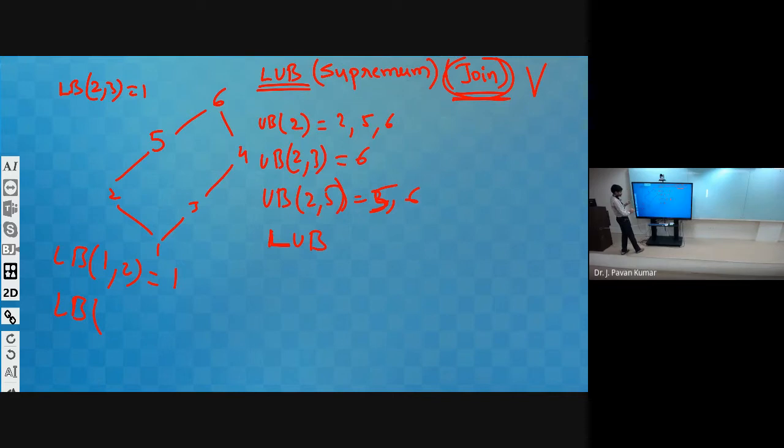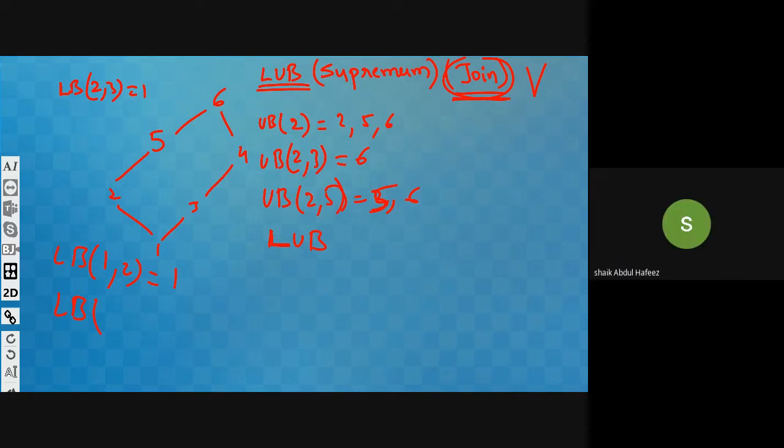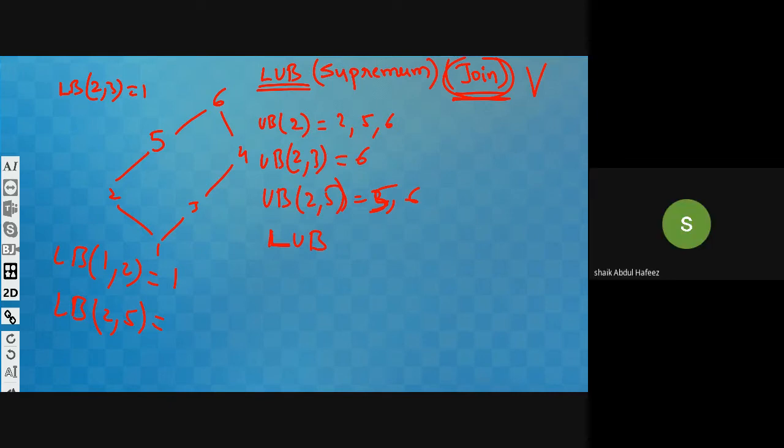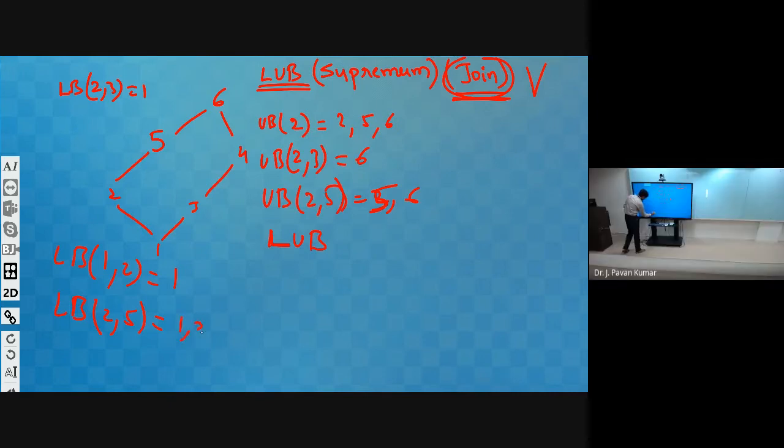Lower bound of 1, 2 will be 1 only. Lower bound of 2, 5? 2, 1. Like this, we will be having lower bounds.